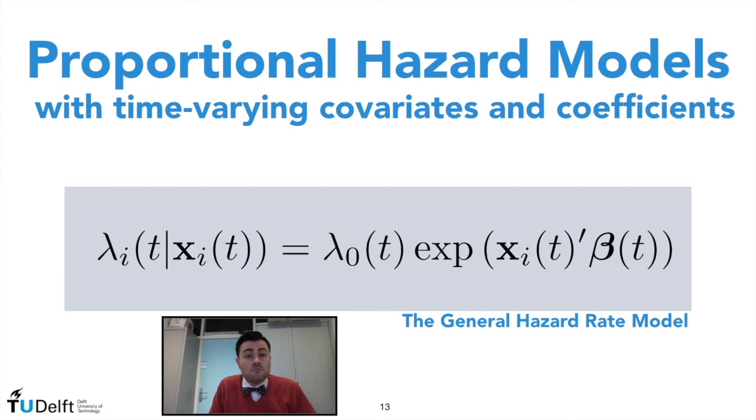Now this is the situation, for example, when we assume that one of the covariates has an impact on the risk only in a given time window and nothing outside of this window, or when we think that the effect is increasing or decreasing over time. There are many possibilities, as you can imagine. Now, this is actually something quite useful when modeling the loss given default.